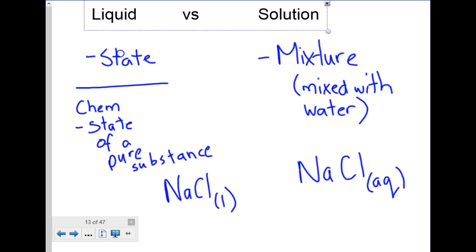If it is NaCl(aq), that means aqueous, aqua, water. Yep. That means that the salt has been dissolved into water. This is a handy trick if you have a sore throat.